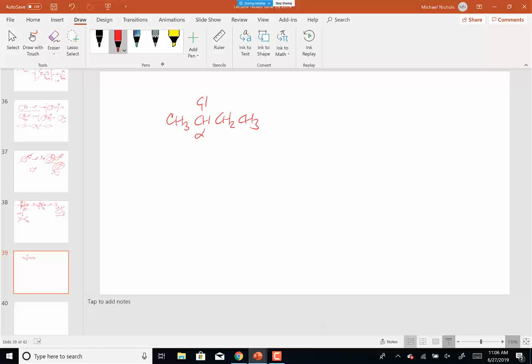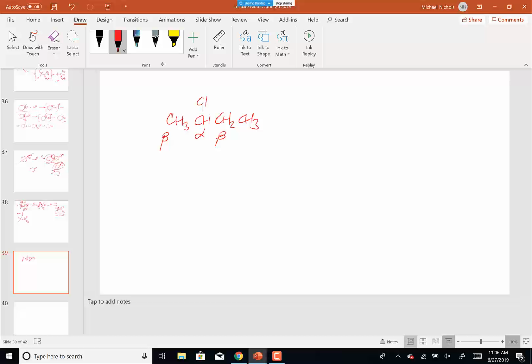There's the alpha carbon attached to Cl. How many beta carbons are attached to that alpha carbon? I got one on the left and one on the right. Do they have hydrogens? Yes, because without beta hydrogens, you can't form a double bond. You can, but it'll have 5 bonds.